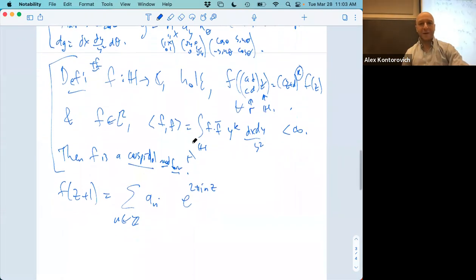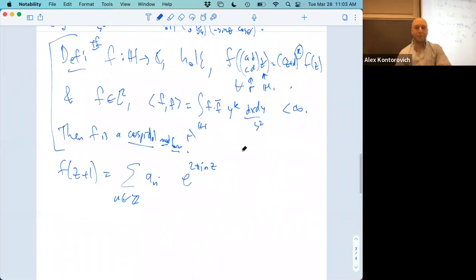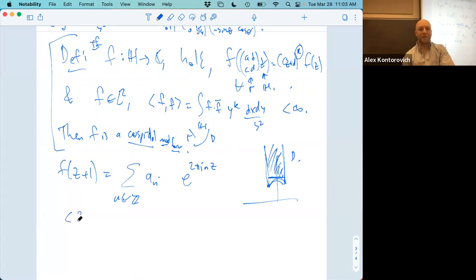Okay, now let's think about this inner product. The integral is over a fundamental domain for this action, and a fundamental domain we know is here. So when we take this integral, we can take the integral over this region, D. Now, if this integral is finite, so is the integral over a smaller region.